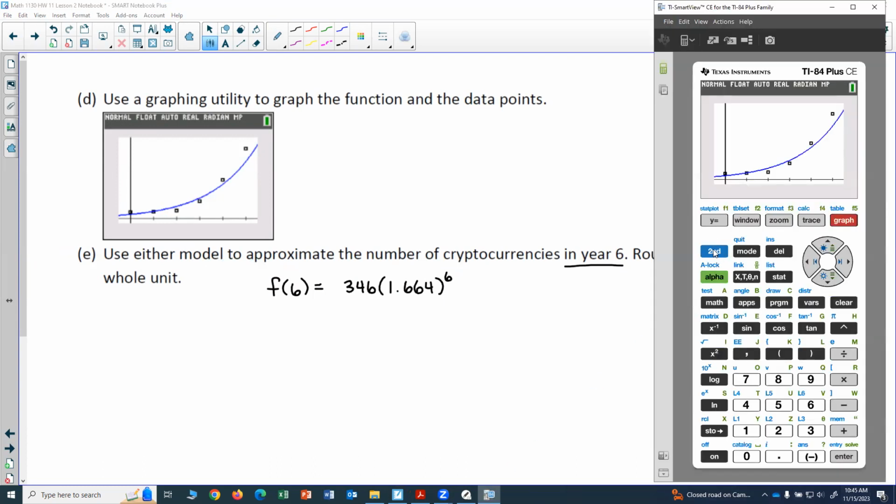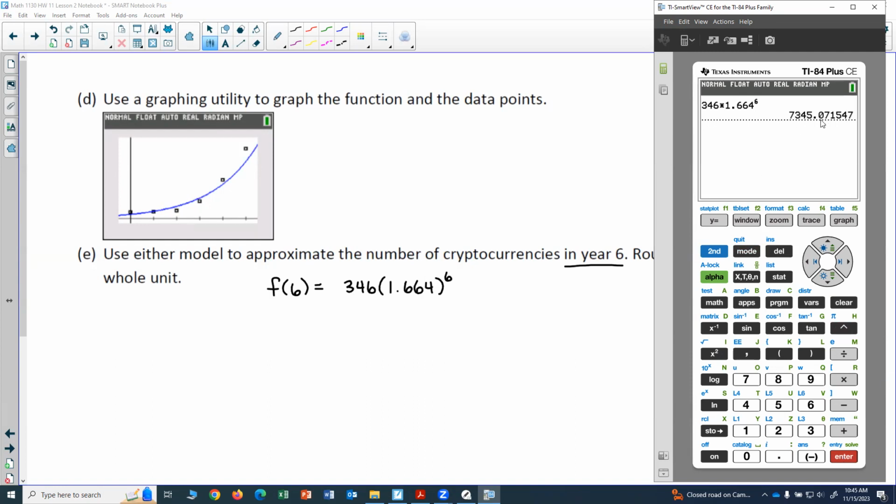So go back to your home screen, do second mode, and you'll do 346 times 1.664 to the 6th power. And it says round to the nearest whole unit. So I have 7,345.